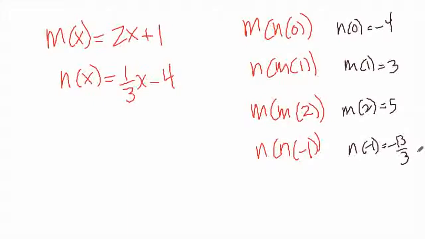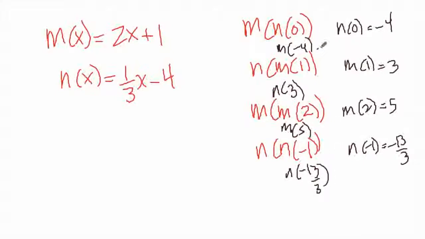Okay, yeah, that's right. Now I can do the outer part. So for the first one, I'm going to do m of minus 4. For the second one, n of 3. For the third one, m of 5. And for the last one, m of minus 13/3.